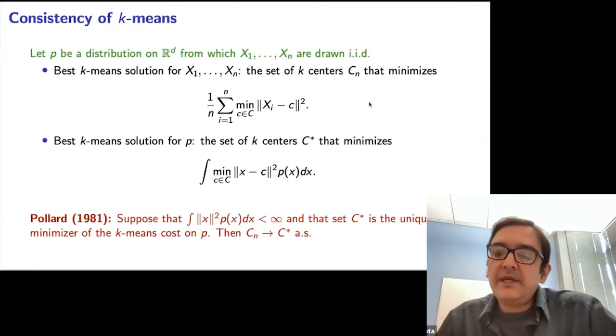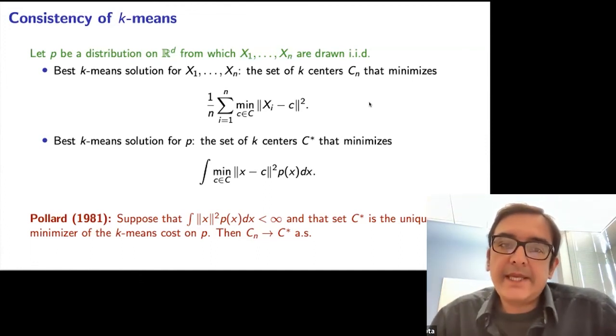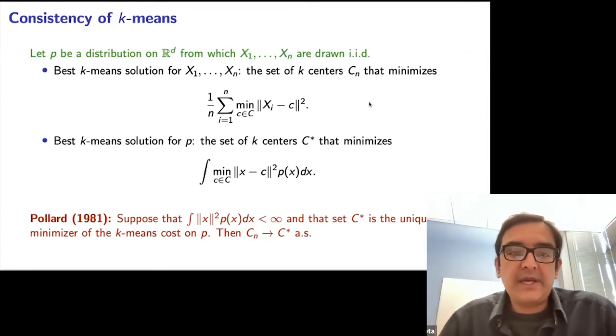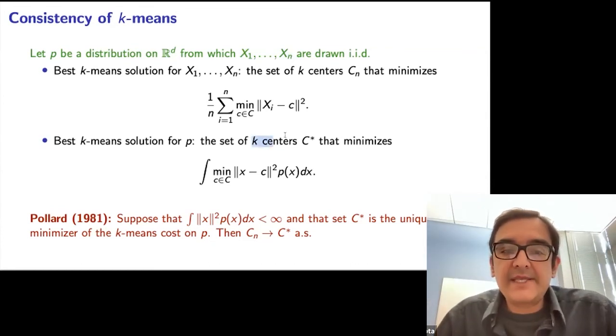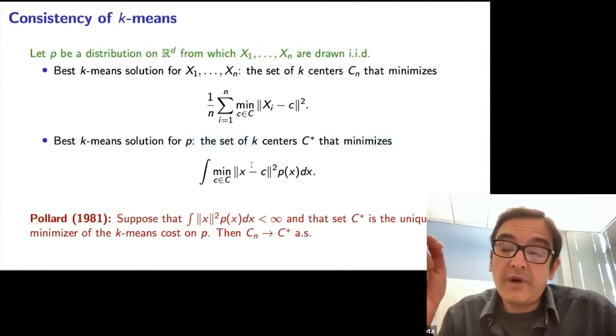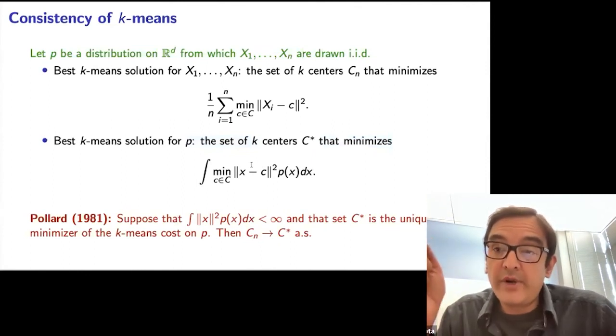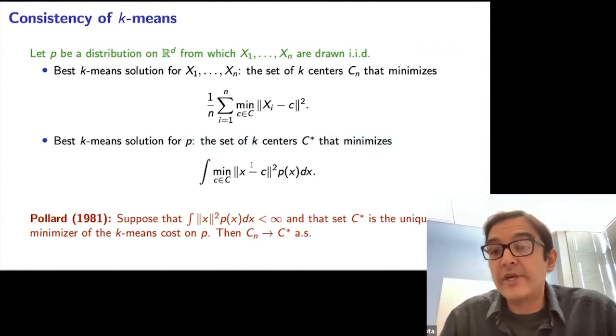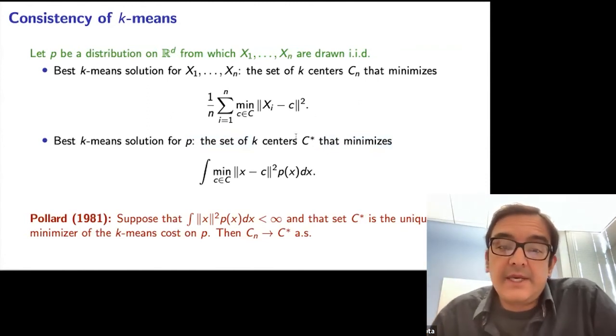But similarly, we can talk about the best k-means solution for the underlying distribution, okay? That is the set of k centers C' that minimizes the expected distance, when you draw a point from the underlying distribution, from that point to its nearest center. And let's call that C star.